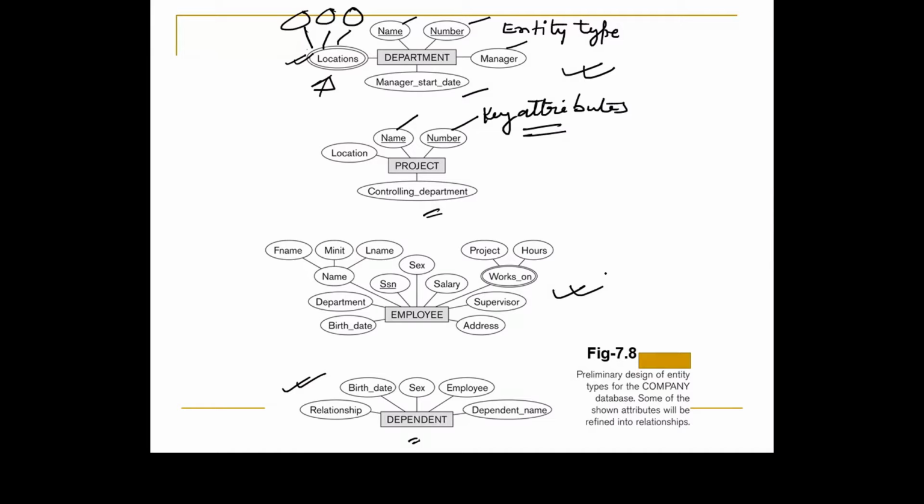Both name and address may be composite attributes here.